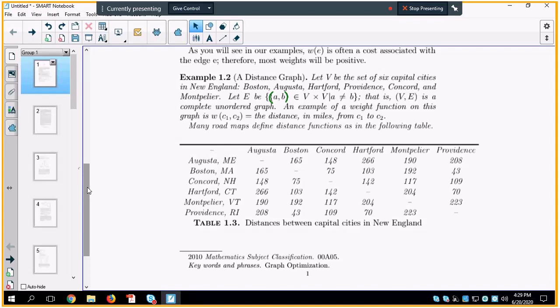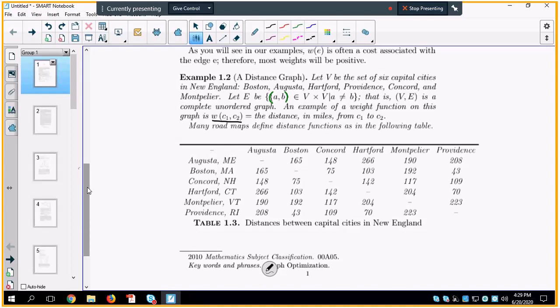An example of a weight function on such a graph would be that w of (c1, c2) is just the distance in miles from city c1 to city c2. Many road maps have such a setup, and they define distance functions. So we could define a function from this table.